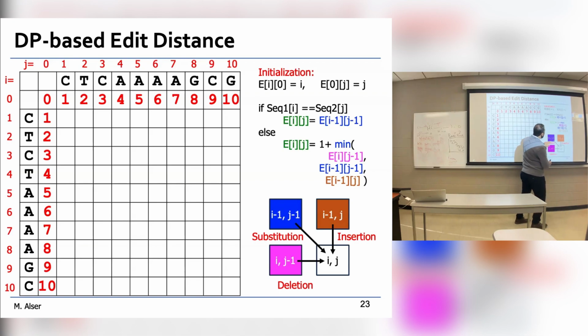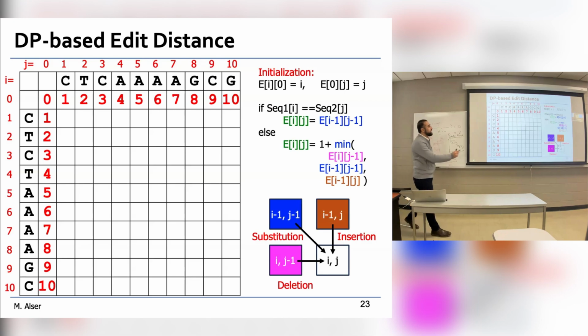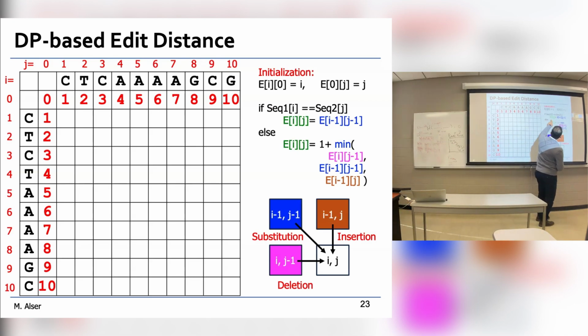If you wonder what these three values are, you can see the color. This is pink, which means this. This is blue, this, and the brown in here, or maybe orange. In this slide, it's dark orange. So what does it say? The value in any cell, if the two characters are not similar, is equal to 1 plus the minimum out of the three neighborhood cells.